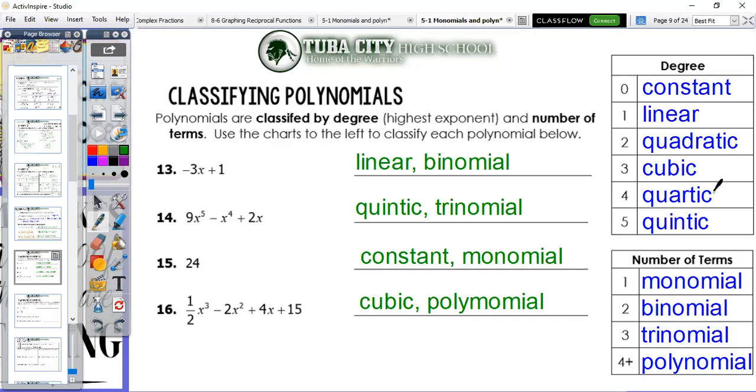Quintic means that it has a possibility of 5 solutions. So we've been covering a lot of quadratics lately, and we are aware that quadratic means there might be more than 1 solution. In fact, there's usually about 2 solutions.